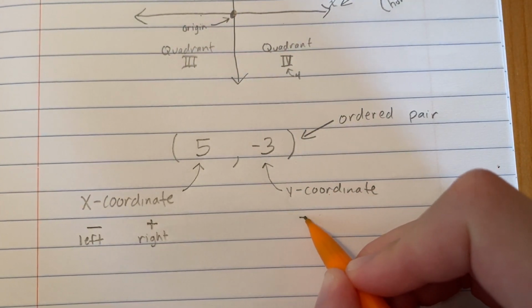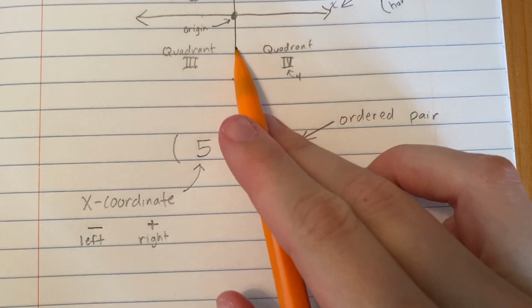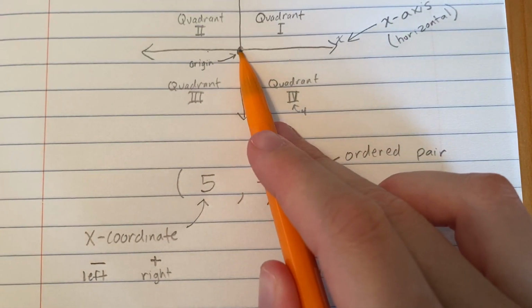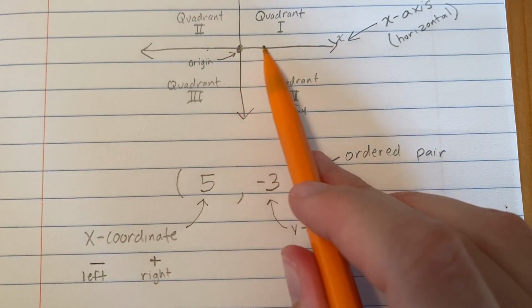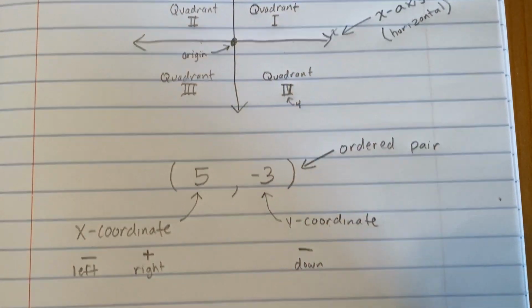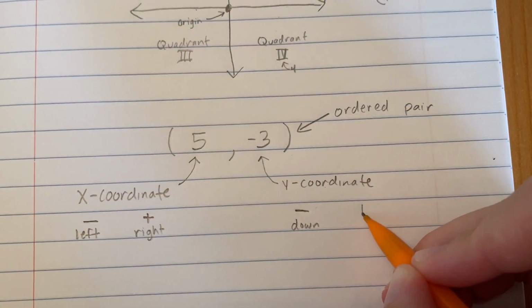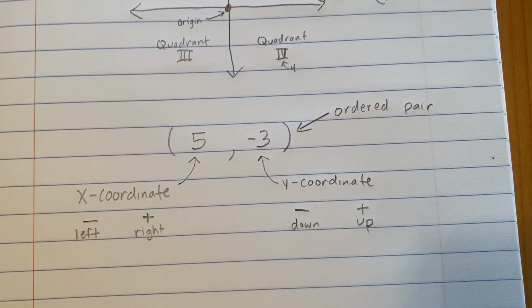So if this number is negative, I go down, right? I'm always going to start when I'm graphing a point at the origin, and in here I would go right 5 and down 3. So this point would be somewhere like this. Okay, and if this y-coordinate is positive, I go up.